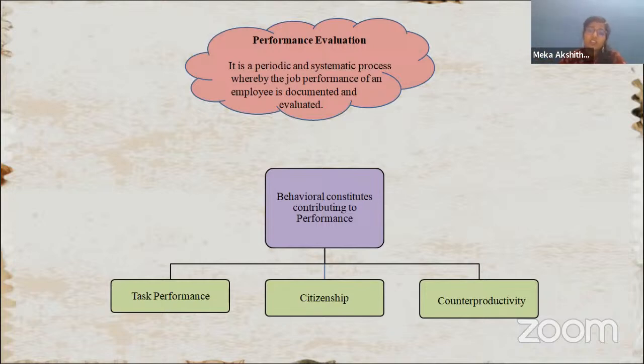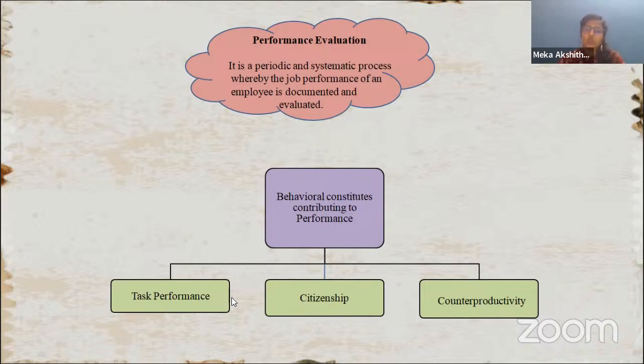So they won't consider that employee effective. And if an employee is high on citizenship behavior but low on task performance, in such scenarios also they wouldn't consider the employee effective, because even though the behavior with other individuals is good, he or she is not able to do justice to the role. He is not performing his task efficiently, so he won't be termed an effective employee.